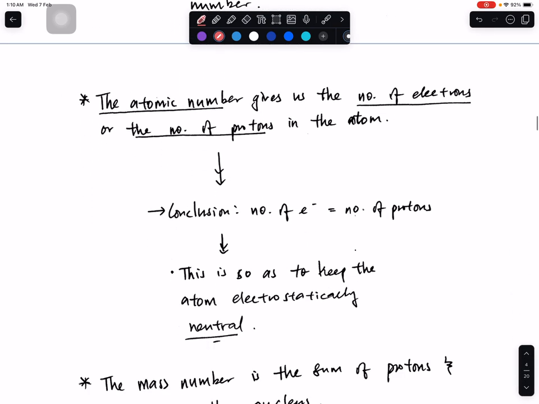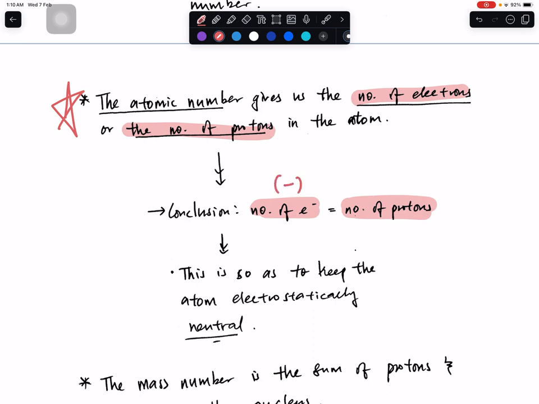There are some things that you need to know. This is a very important characteristic of an atom. When it comes to an atom, the number of electrons will always be equal to the number of protons. Always remember, the number of electrons will always be equal to the number of protons. Electrons are negatively charged, protons are positively charged.